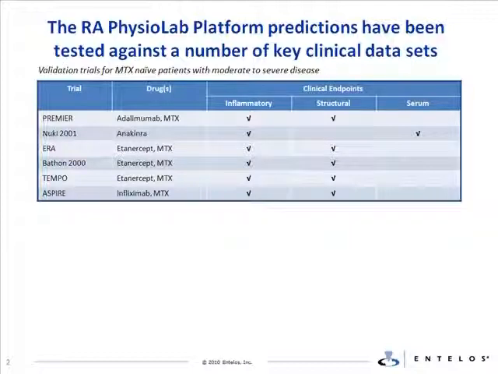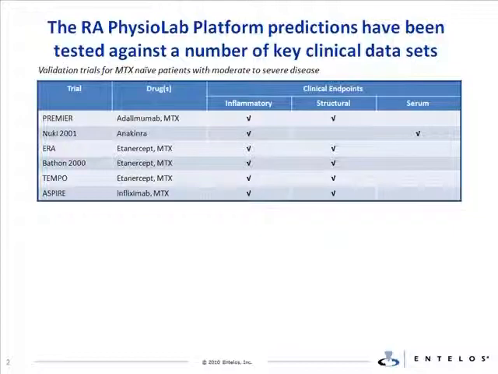The key clinical data sets for patients with moderate to severe disease who have not been treated with methotrexate are shown here. These Phase 3 clinical trials have evaluated methotrexate monotherapy, various anti-TNF-alpha monotherapies, including adalimumab, etanercept, and infliximab, and anakinra, the IL-1 receptor antagonist.